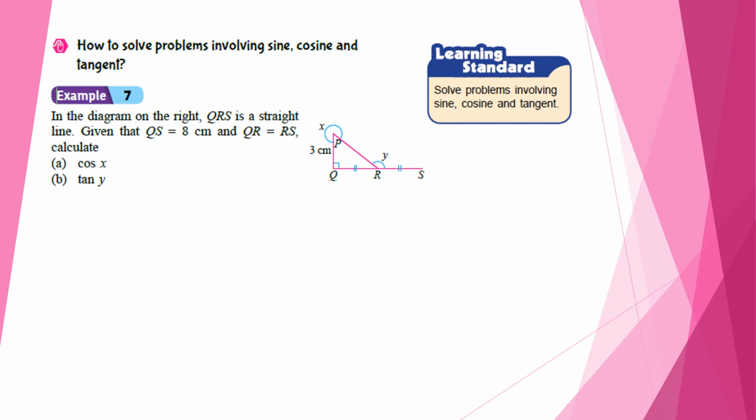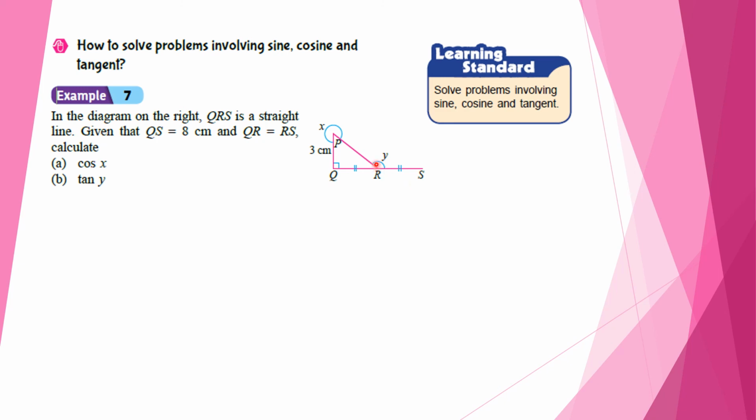Calculate cos X and tangent Y. To find this, we have to make use of the information given. QS is 8 and QR is equal to RS. That means QR is equal to 4, RS equal to 4 also.